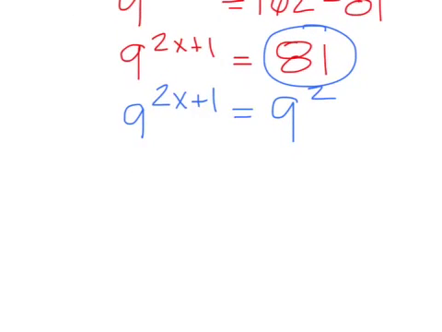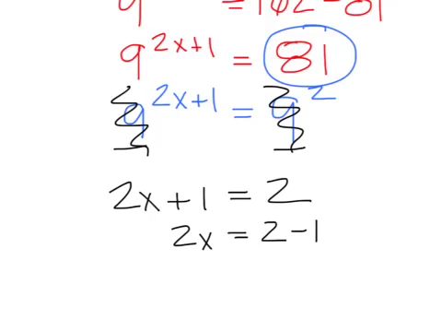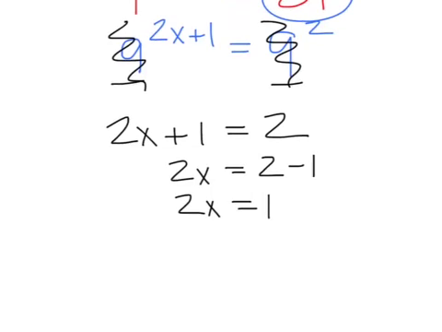And if your base is the same, in this case it is, it's 9, you can get rid of that and just set 2x plus 1 equal to 2 and solve that simple equation. Move the 1 to the right, change the sign, simplify. And if you divide 1 by 2, you'll come up with a decimal of 0.5.